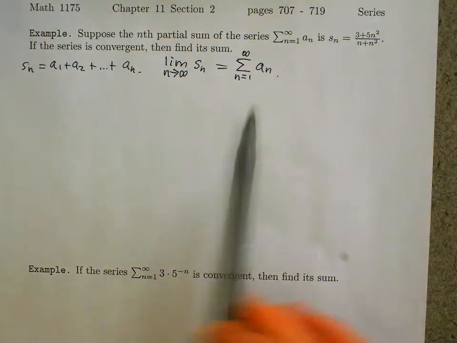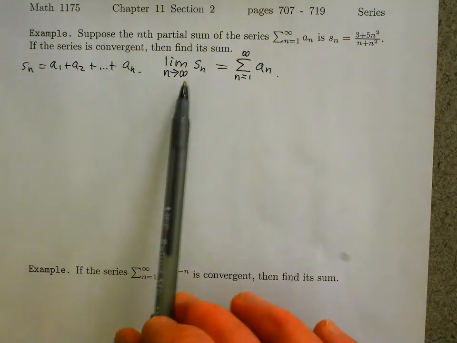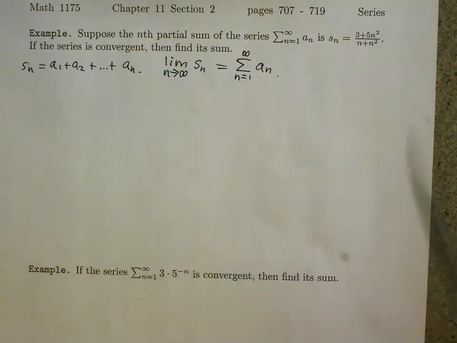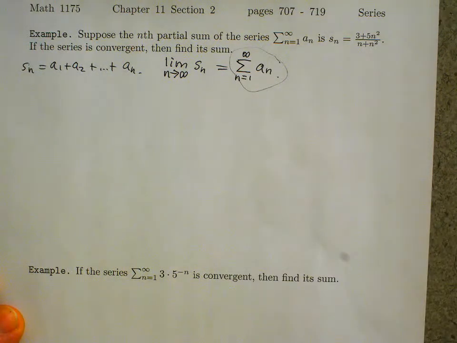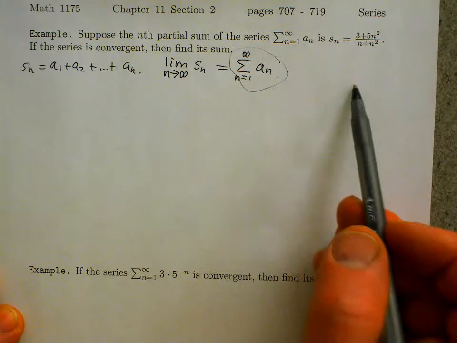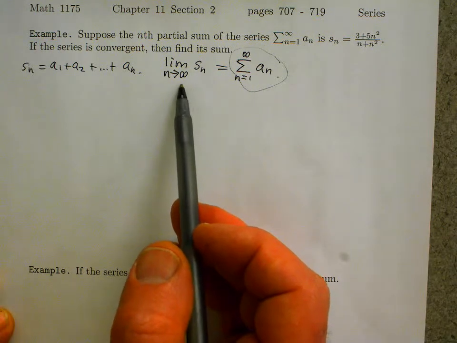So if the limit of the sequence of partial sums exists as a finite number, then that means the series converges, and it converges to the same number that is the limit of the sequence of partial sums.